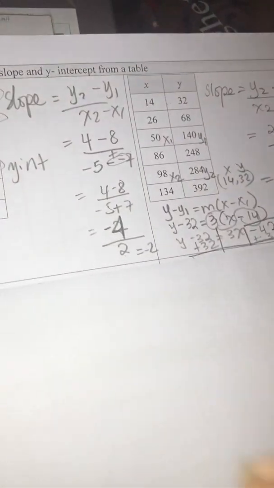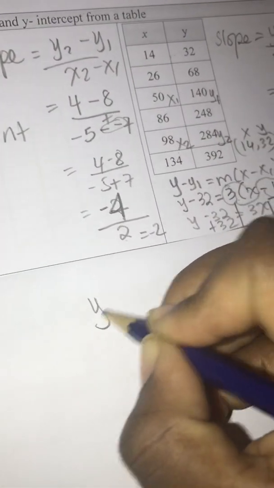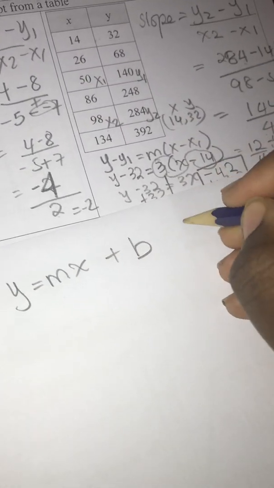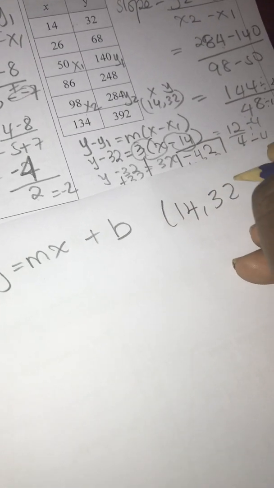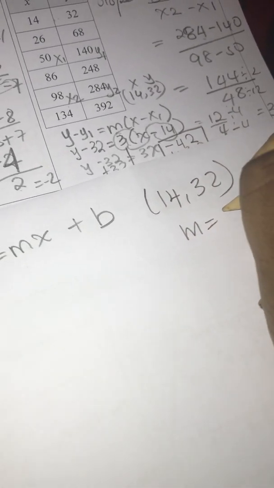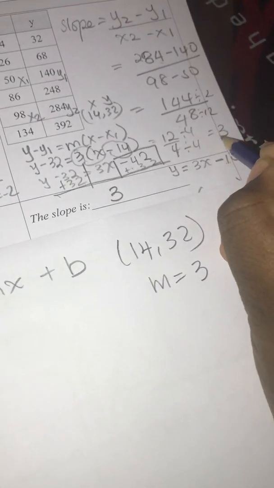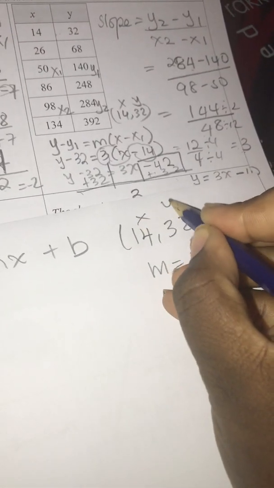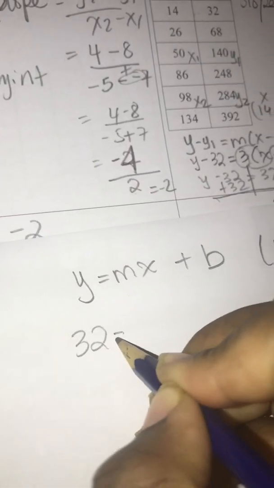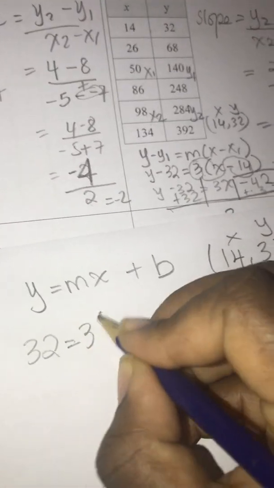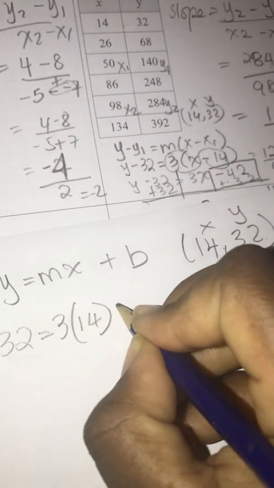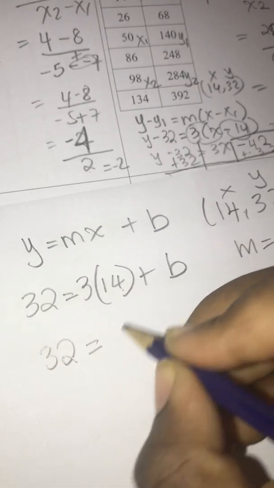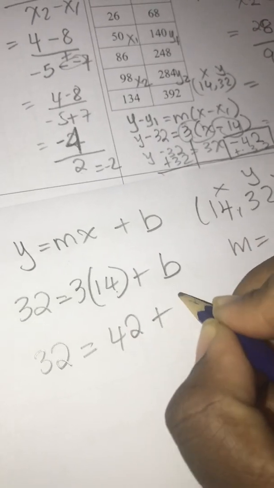So if I want to do it with slope intercept form, I will say y equals mx plus b. I will use the same points, 14, 32, and my slope is 3, because that's what we got over here when we calculated. So then my y is 32 equals my slope times 14 plus b. 32 equals 42 plus b.